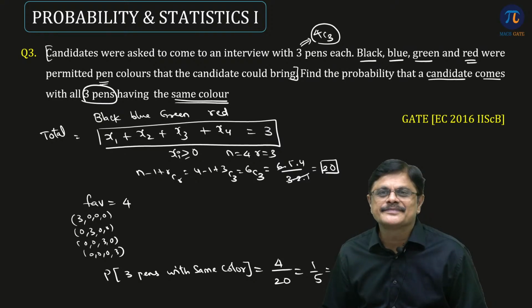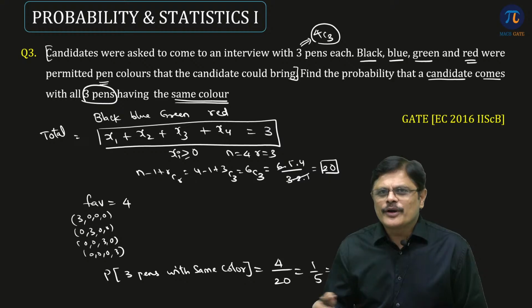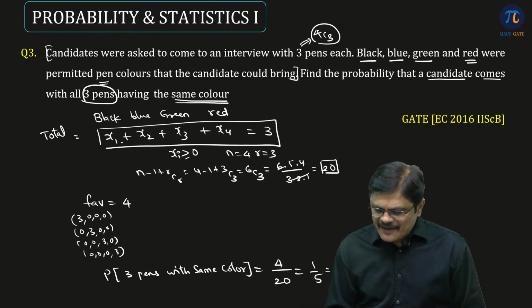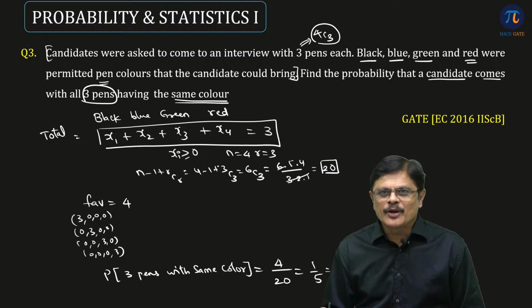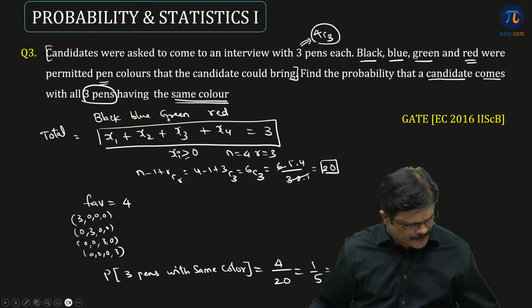Is that clear? Okay. If you want, you can write it down in a more detailed manner. You can just identify what the possibilities are. How can you get these 20 possibilities? Let me show you.